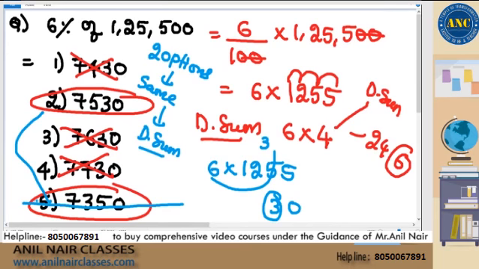Answer, digital sum should be 6. 7530, 7 plus 5 12, 12 plus 3 15, 1 plus 5 6. 7530, digital sum is 6. If more than one answer option has digital sum 6, use tens place logic.